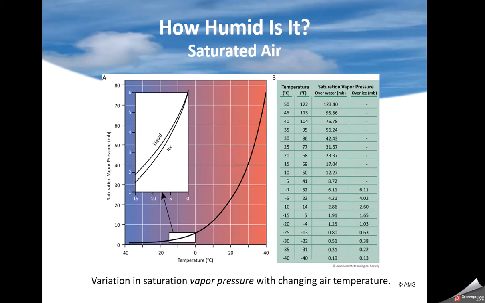So the hotter the air, the more water vapor it can hold. The cooler the air, the less. And oh yeah, ice is a solid. That means the molecules aren't moving as much, so they actually have a different vapor pressure than the liquid. That will become important next chapter.